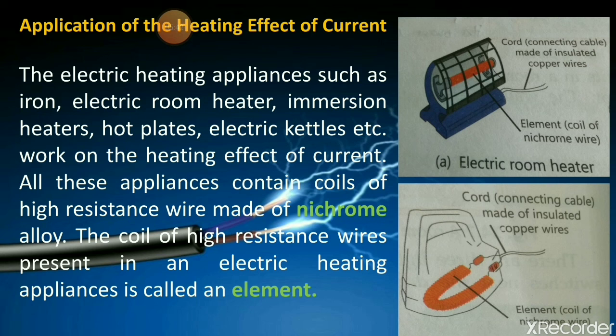As you can see, sometimes the hot plates and immersion rods, immersion heaters, etc., produce some amount of heat and light energy also. So when current passes through the element of nichrome, it becomes very hot, gets heated and emits heat energy.